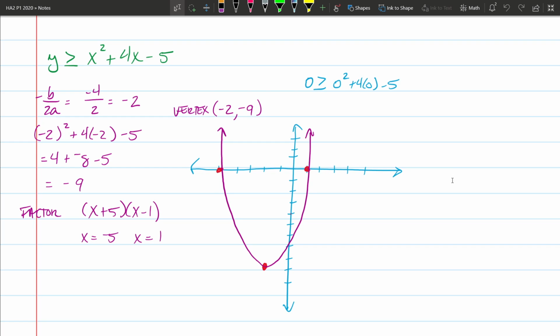And my statement says 0 is greater than or equal to -5. This time that's true, which means I'm going to be shading inside the parabola. So I'm going to do my shading. This time anything inside or on the parabola is going to be a solution to the problem.